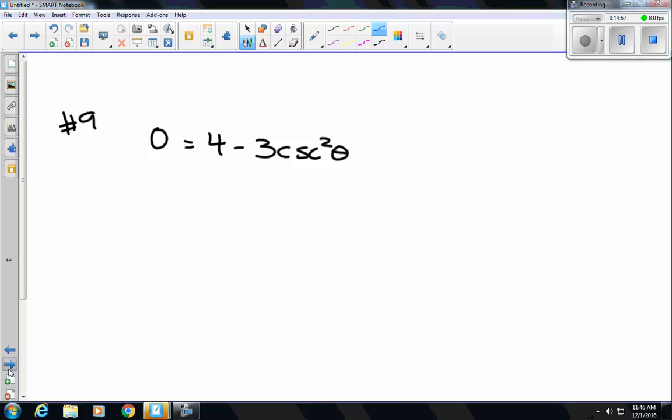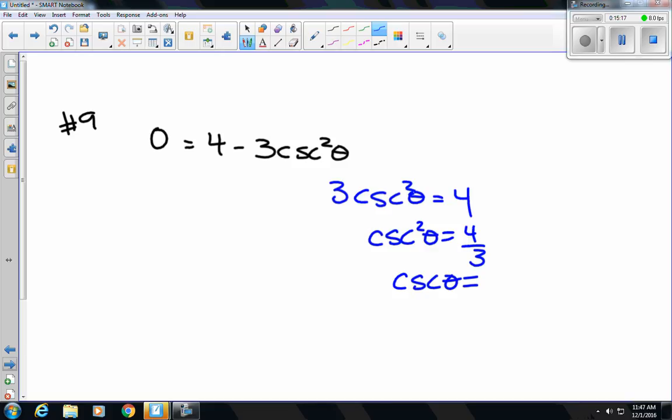You can add the 3. Yeah, I'm just going to do this, just to keep everything positive. If I had moved it over and made it negative, the negatives would cancel out. So this one's not that big of a deal, but divide by 3. Take the square root. Okay, when I take the square root, what do I get? 2 over root 3.